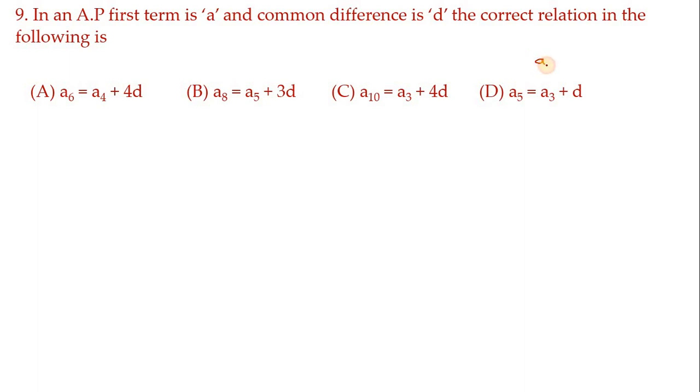So A3 is added to 1D, meaning only one D you are adding to A3. So you will get A4. Is it clear? So here A5 is there. A5 is not equal to A4. So hence this is also wrong. So the correct option is B, children.